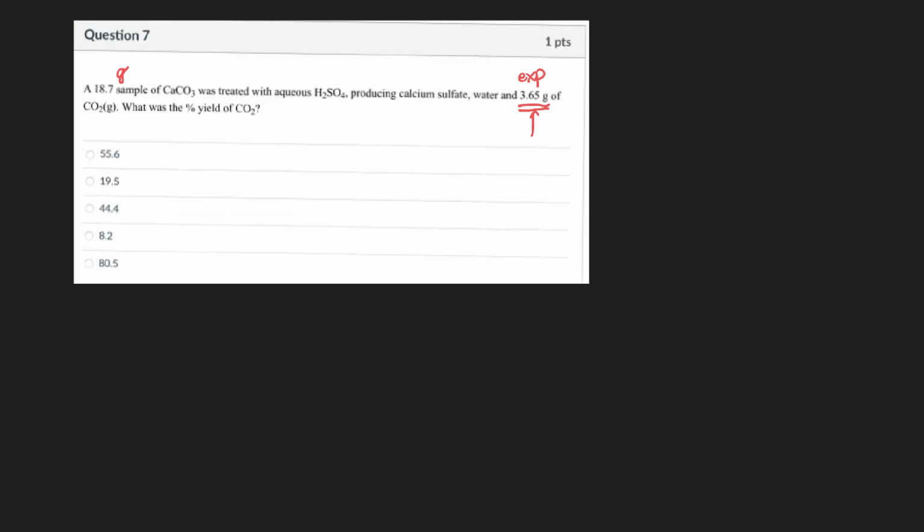Okay, so let's write our reaction. So calcium carbonate plus sulfuric acid, and they say that produces calcium sulfate, plus water, plus carbon dioxide. Now, I could worry about what all the states of these are, but I'm not going to.